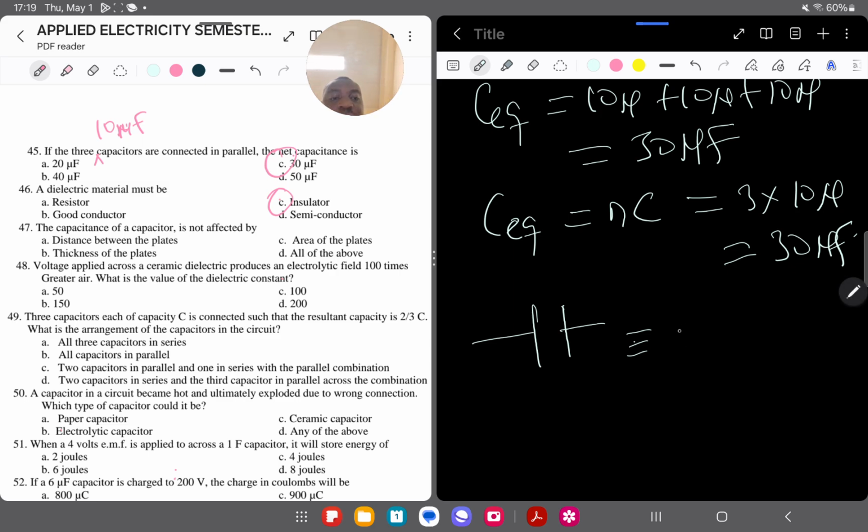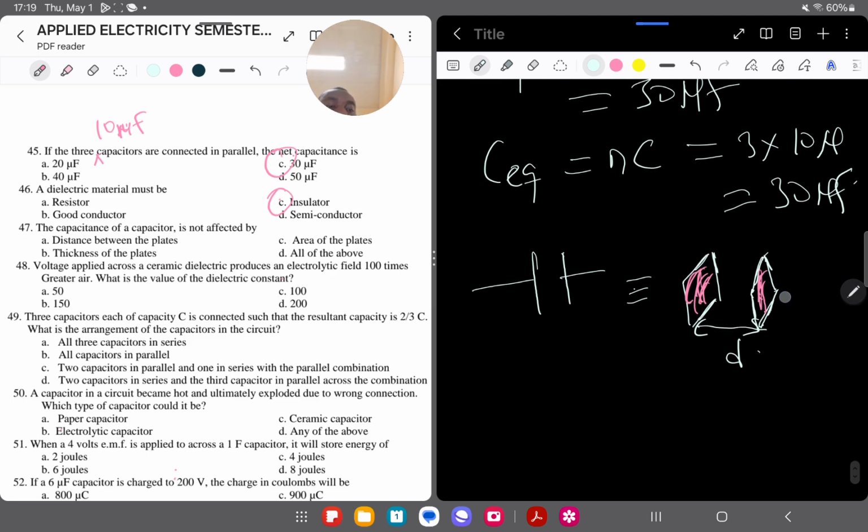So let's say I have a plate here, and another one here. These are 2 plates. The distance between the 2 plates is D.